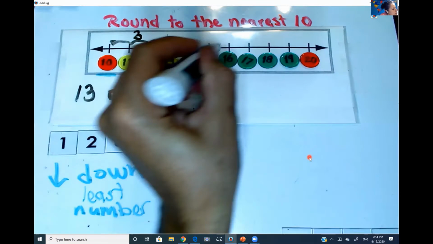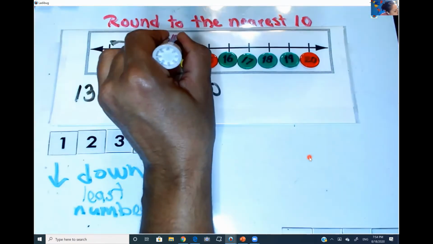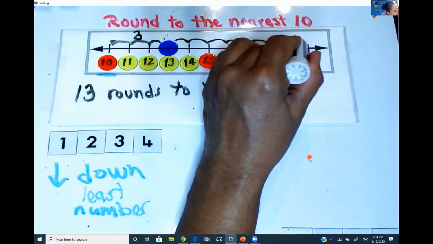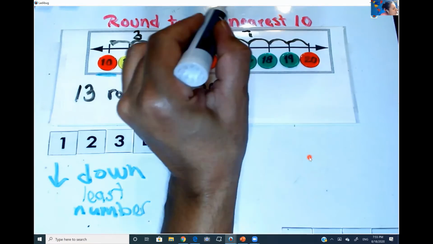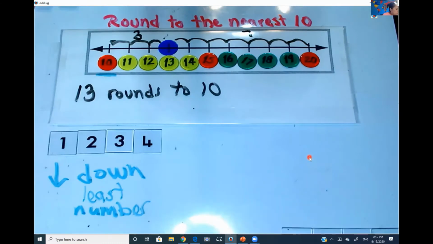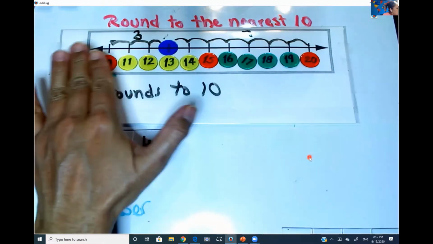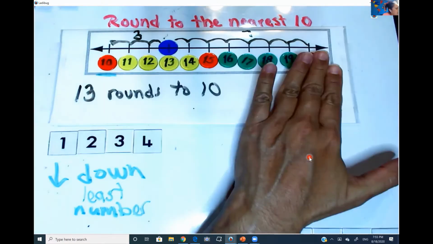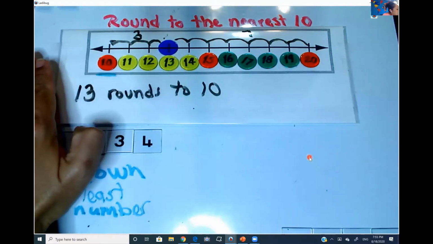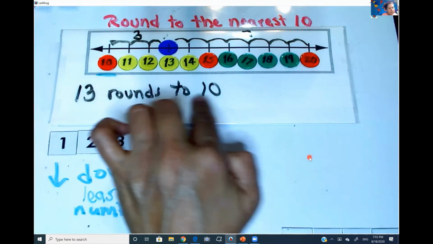If I want to go to the 20, I have to move more spaces, 1, 2, 3, 4, 5, 6, and 7 spaces. So when I'm trying to round, I'm trying to get to the closer number between the range of 10 and 20. 13 is closer to 10 than to 20. And that's the reason why 13 rounds to 10.